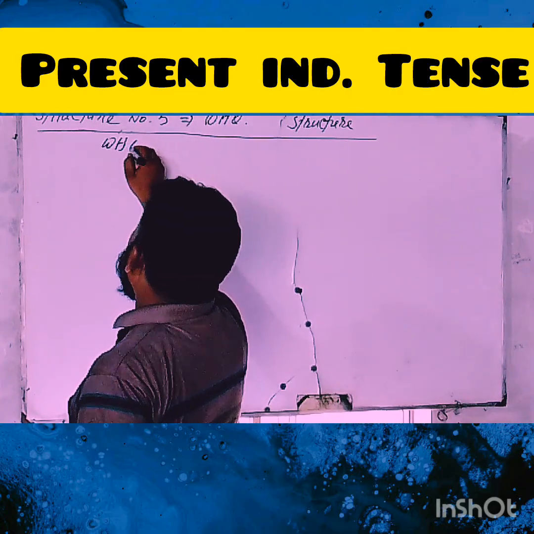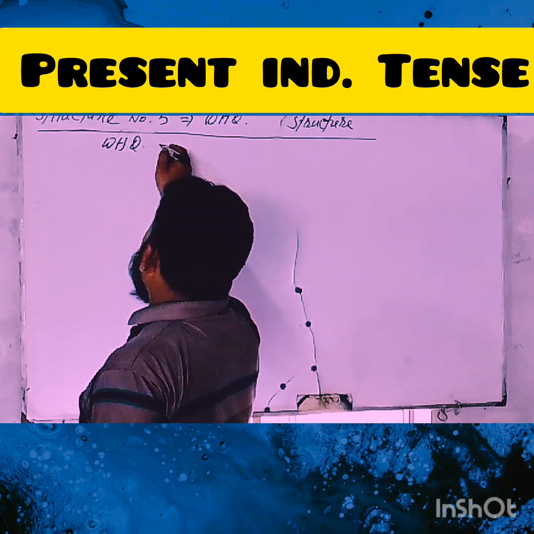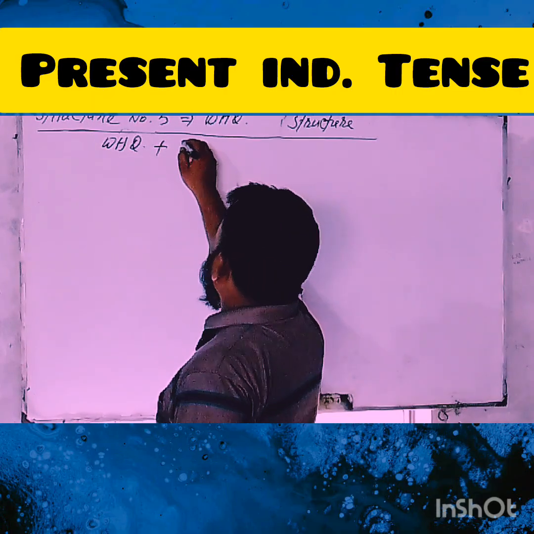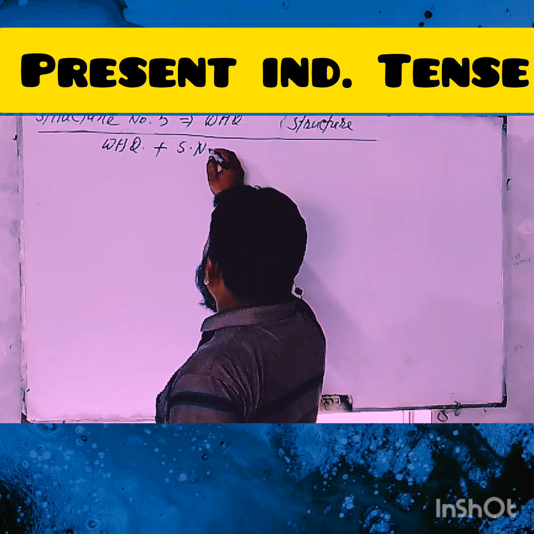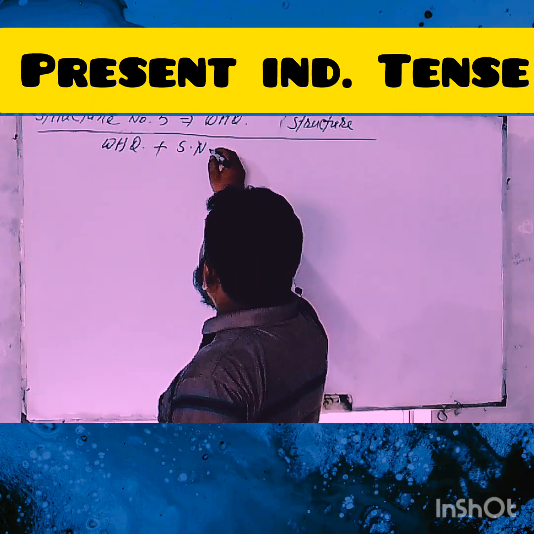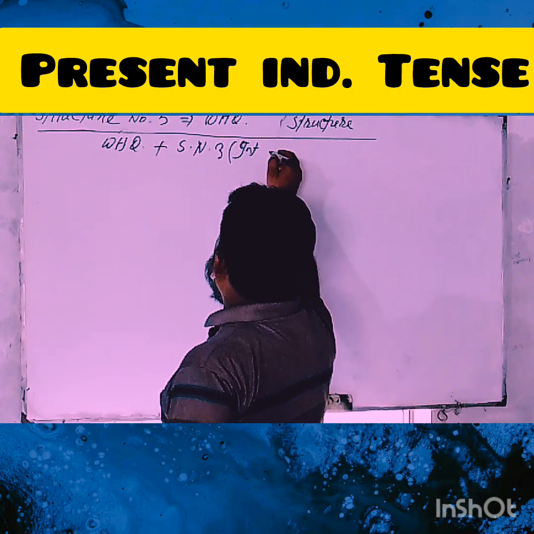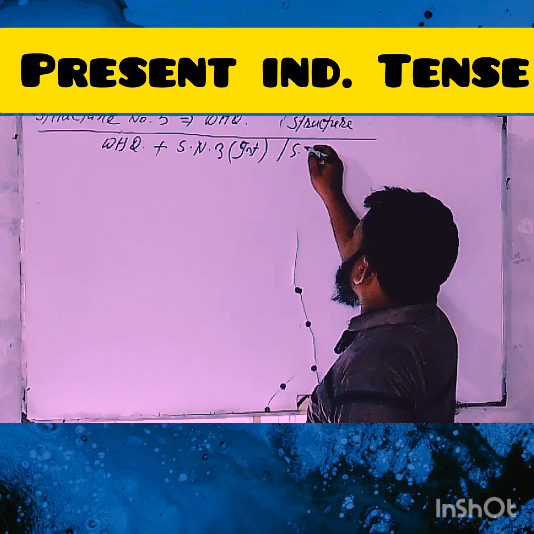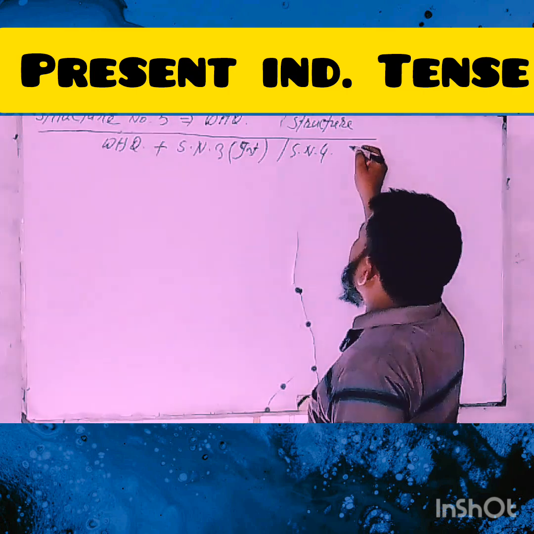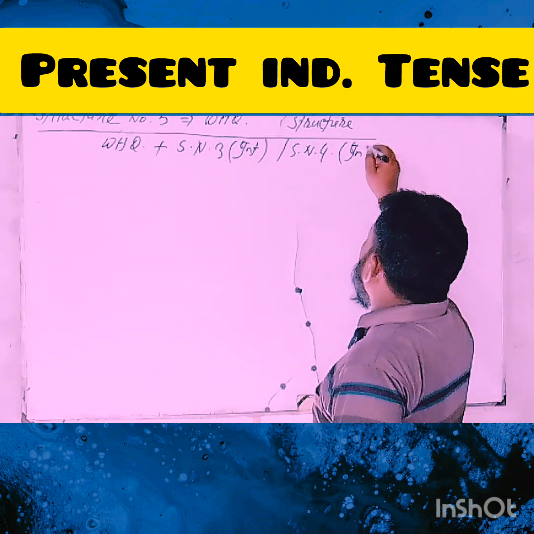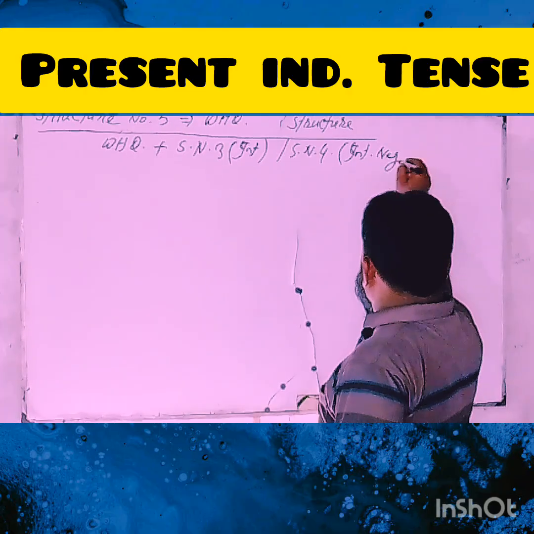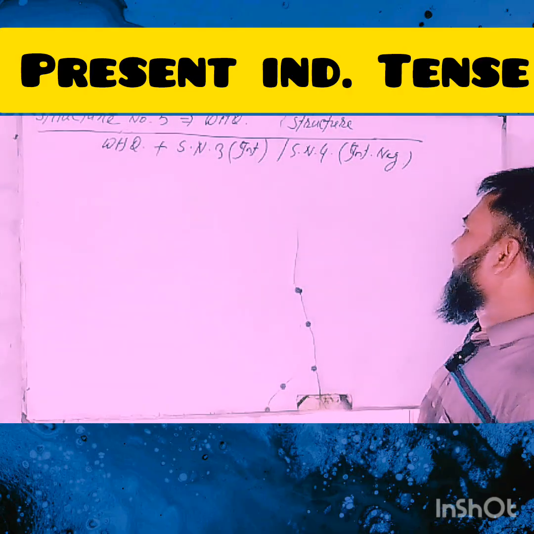At first, you'll have to write down the specific WH question, then maybe structure number three, which we can call interrogative structure, or structure number four, which is called interrogative negative structure.